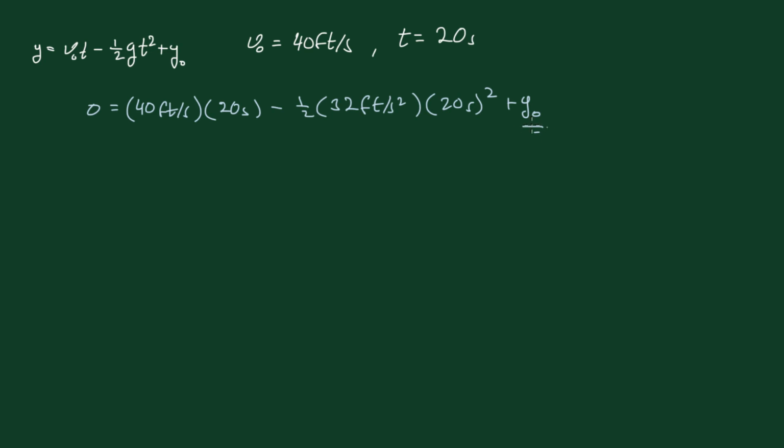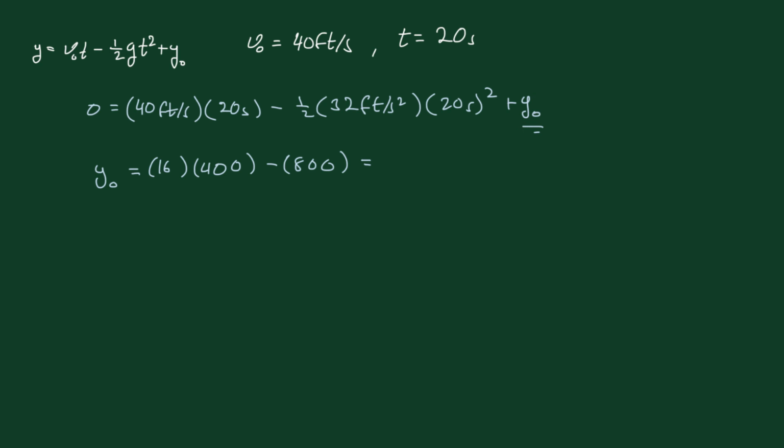Now if we rearrange the equation, let's bring the y0 to this side, and we have y0 is equal to positive 1/2 of 32 times 20 seconds squared, minus 40 times 20. Half of 32 is 16, so we have 16 multiplied by 20 seconds squared. I'll just write the numbers and put the units in later. 20 squared is 400, so that's 6,400, and 40 times 20 gives us 800.